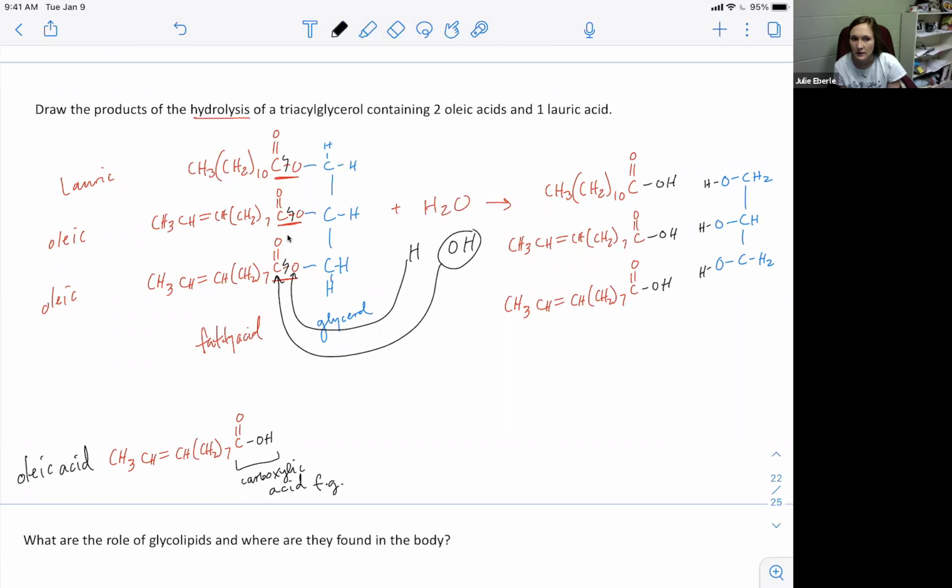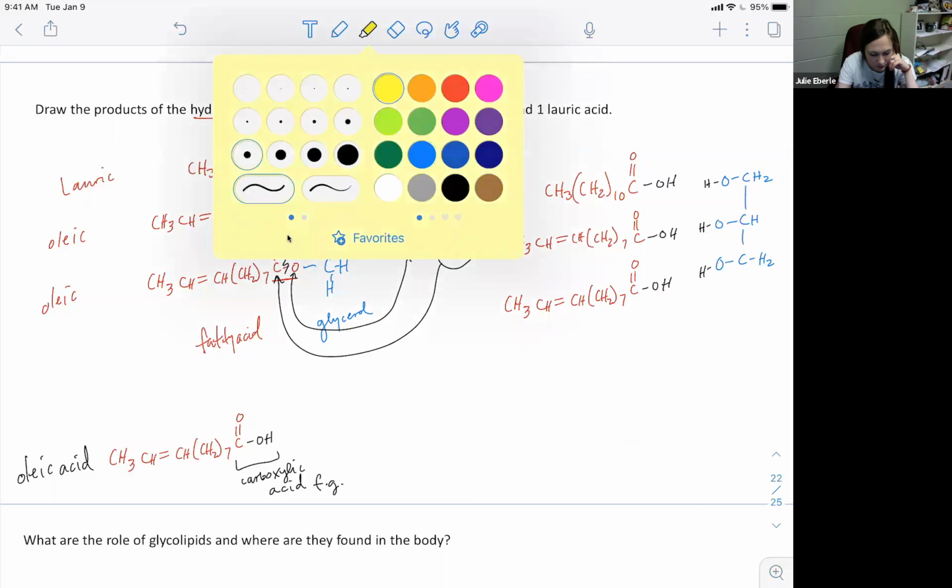So that is the hydrolysis of a triacylglycerol. We're using water to break apart the bond between the carbonyl carbon and the ester oxygen. You see how this is like an ester functional group right here?